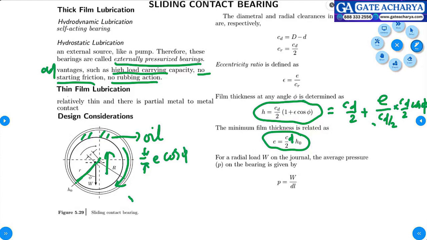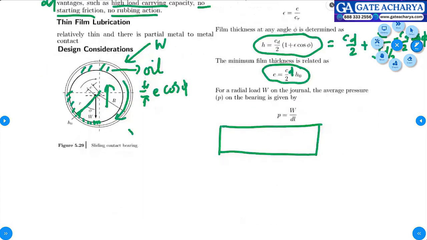Radial load. Okay, this is the radial load. So now this journal is in contact here, I'll assume. I'm looking from here, so it will look like this. Now what I'm doing is visualizing the area of failure, the cross section area for failure.